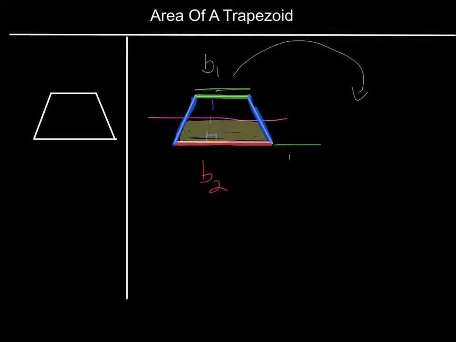So this is now my B1. It's the same as this line right here. Now, this purple line from this small trapezoid, if I flip this over to the bottom, then that purple line would extend out like that. So that's going to be my purple line. I extend it out, and it keeps going out like this.